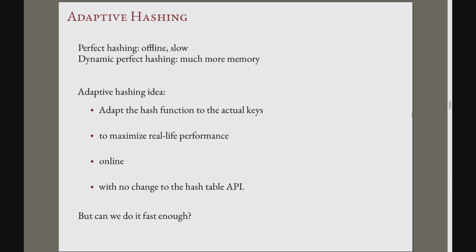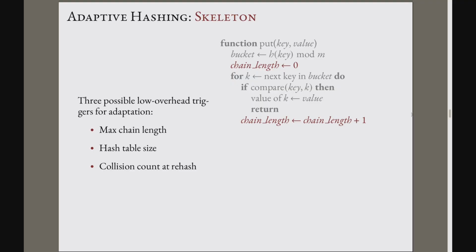So the adaptive hashing idea is that we want to change the hash function on the fly given the keys that are added to the hash table, without any change to the hash table API. And of course, it's a simple idea. Yeah, it's easier said than done. But the question is, can we do this fast enough? If we can, great. If we cannot, well, it was a good idea.